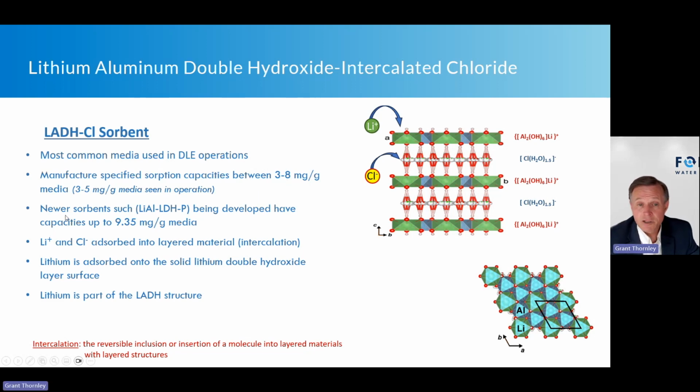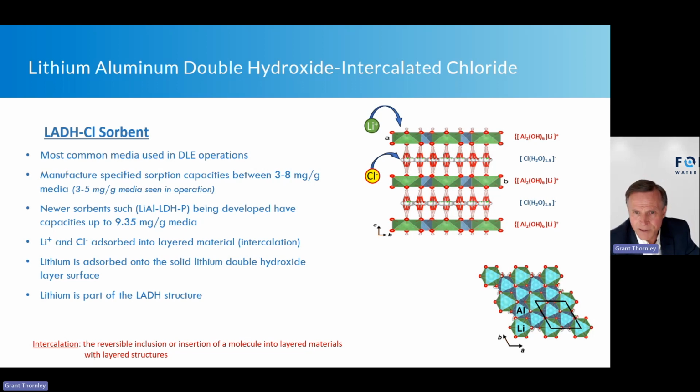Newer sorbent materials, because technology does evolve, are projected to achieve 9.35 milligrams per gram of media. And that's great. So people that are operating right now at a certain capacity, keep your eye on the horizon, because aluminum sorbent materials of higher capacity will be coming out.